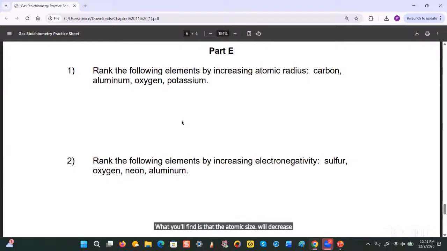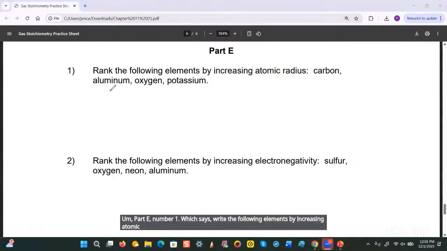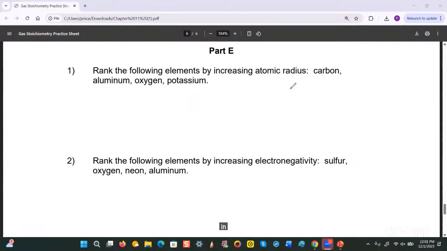Right? So that's important for you to understand in order to answer part E, number 1, which says, rank the following elements by increasing atomic radius, and it gives you carbon, aluminum, oxygen, and potassium. So you have to look at their relative positions in the periodic table. So let's see. Carbon is in period 2.